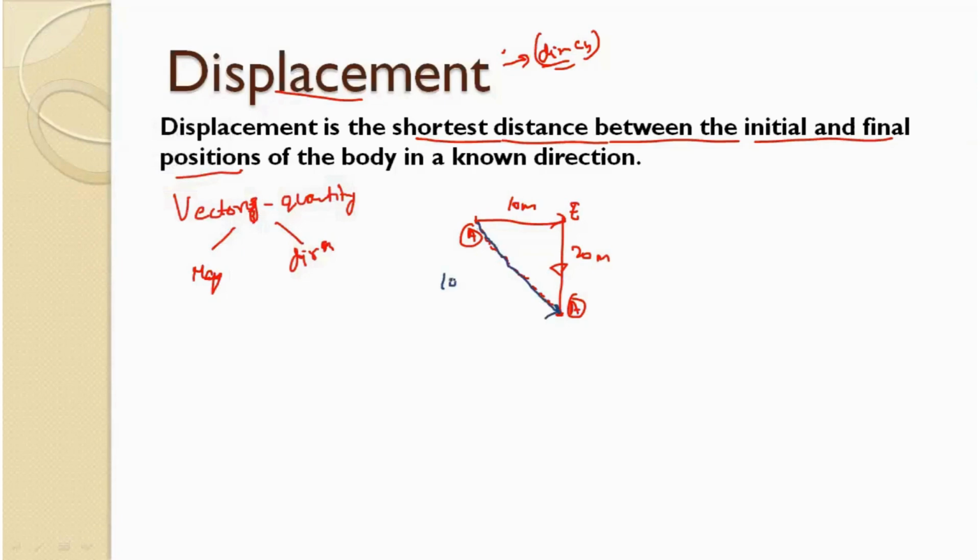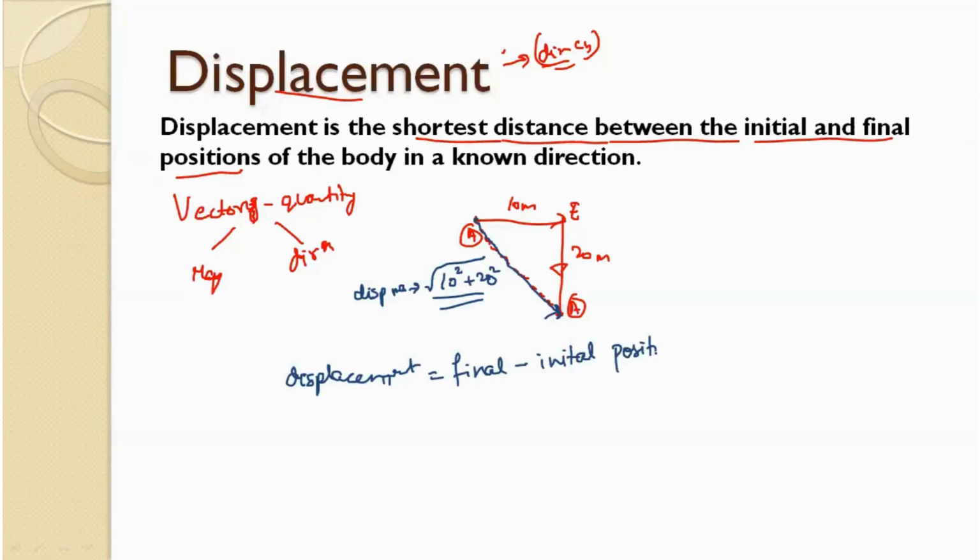When you find the square root of 10 squared plus 20 squared, that would be your displacement in this case. So displacement is equal to the final minus initial position. This gives me the net displacement.